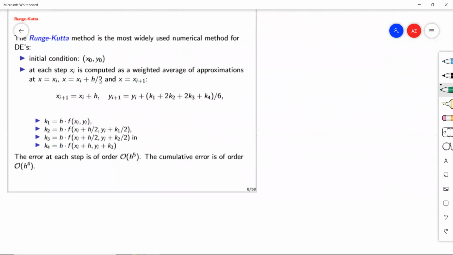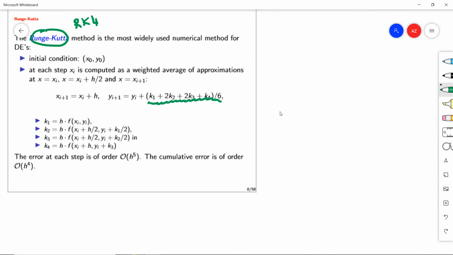So this is the Runge-Kutta method of order 4. You see here, for the average slope of the tangent, we take 4 points.